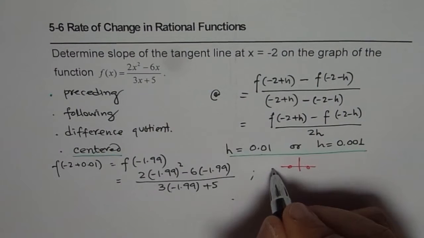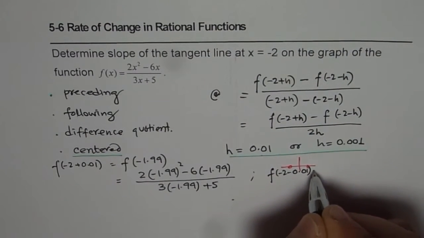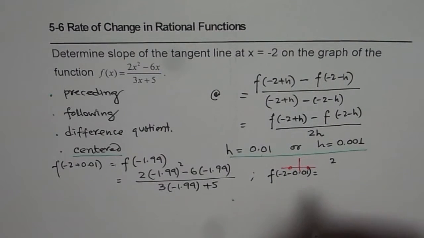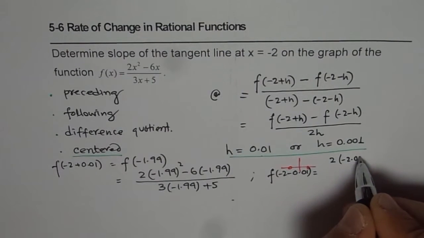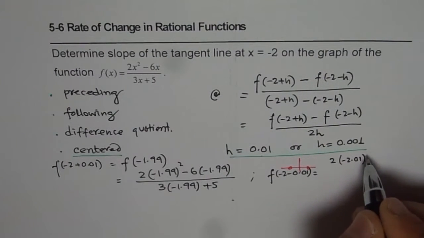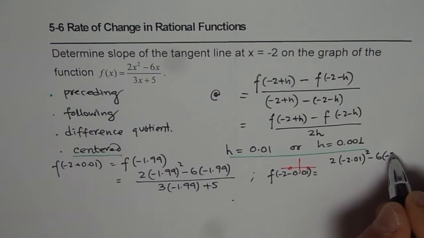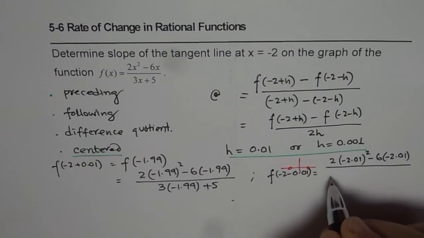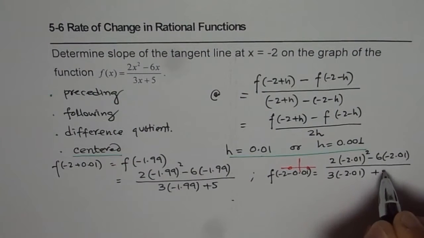Similarly, calculate the other value. That will be f of minus 2 minus 0.01, so in that case it will be minus 2.01. So it will be 2 times minus 2.01 whole square minus 6 times minus 2.01, divided by 3 times minus 2.01 plus 5.